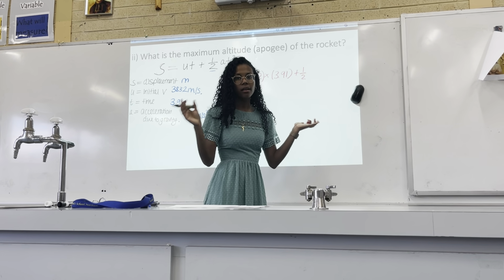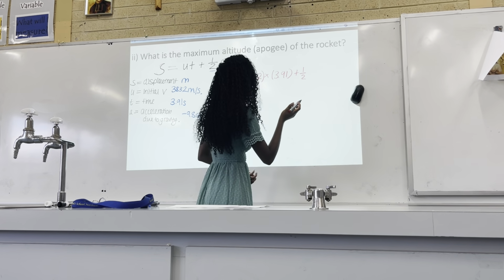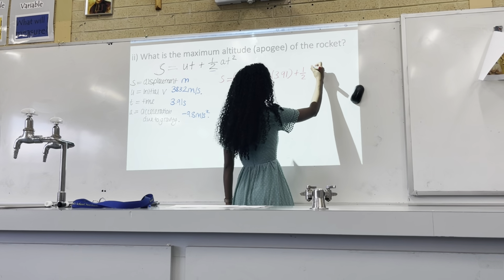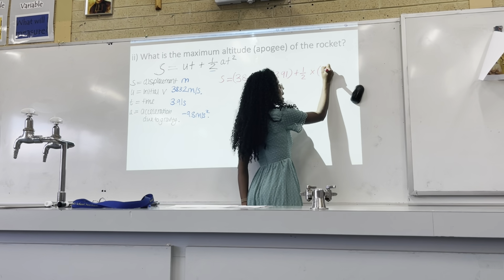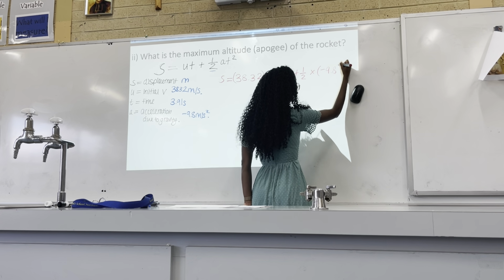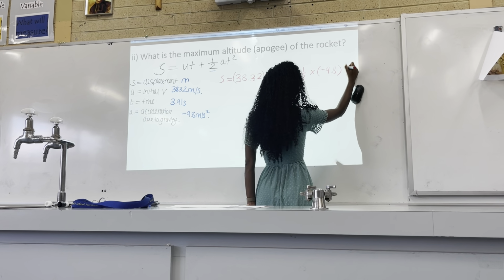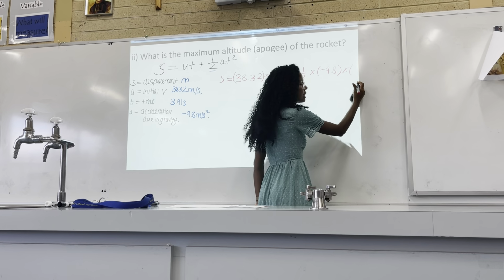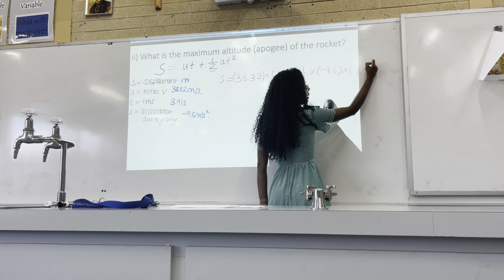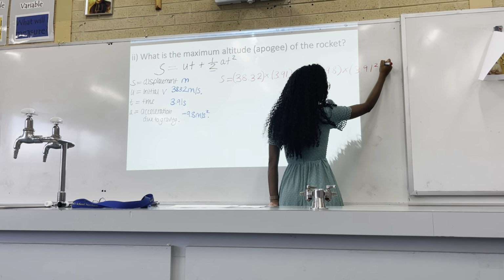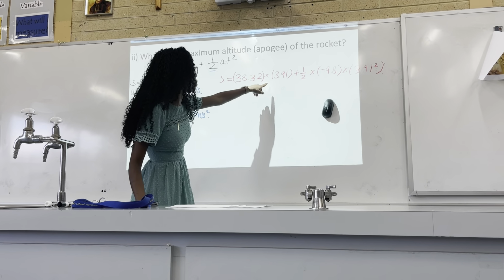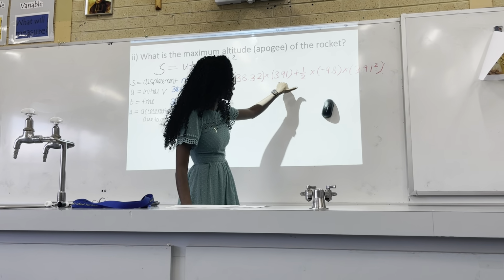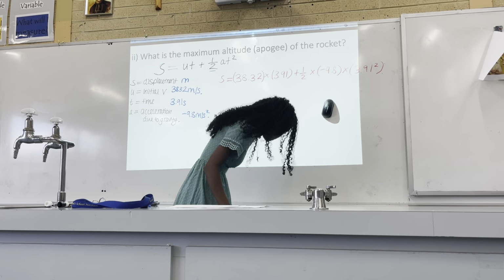They mean the same thing. Half of 1 is 0.5. So plus 1/2 times A, which is negative 9.8, and then times T, 3.91 squared. Okay, so if you see here, we've used time 3 times. There's a time here and 2 times here.